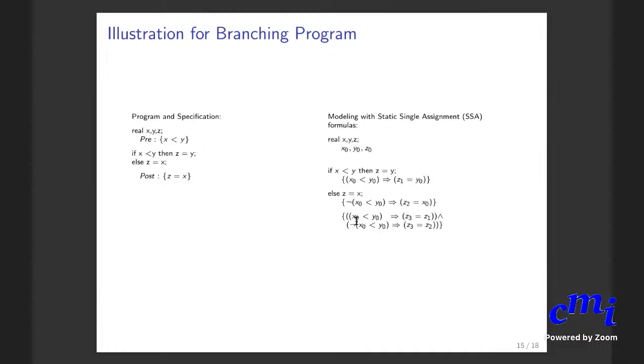So it says if x0 is less than y0, then z3, which is the merge point, the value of the variable z3 is equal to z1. Else, z3 is equal to z2. That is, if the negation of that condition holds good, then it is z2.